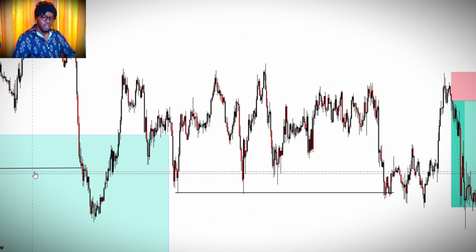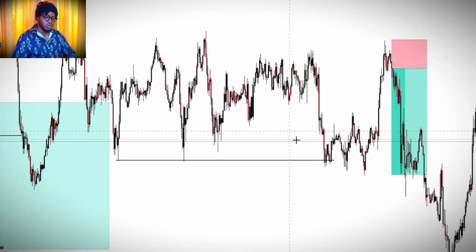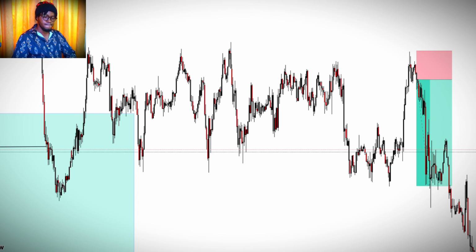So after the break of structure to the downside, price was consolidating right here. After the consolidation, price broke out of it. Let me take this out. I spotted something like this.